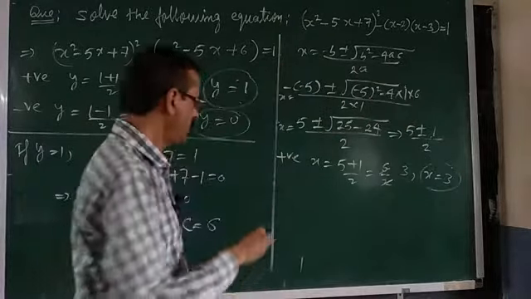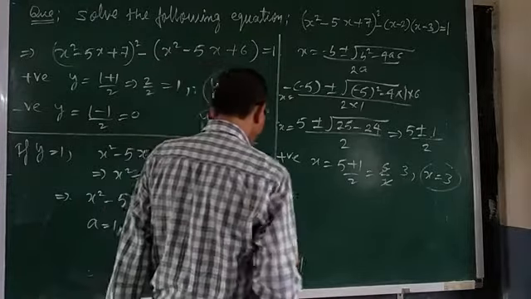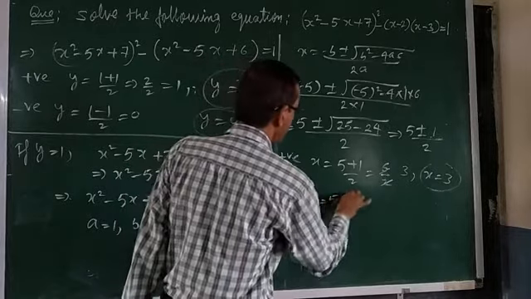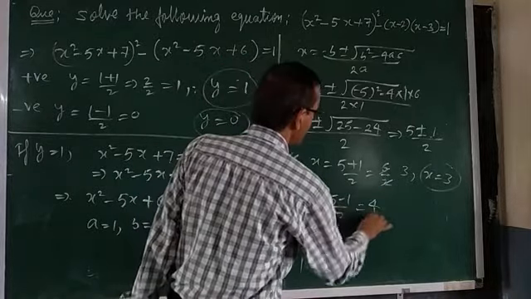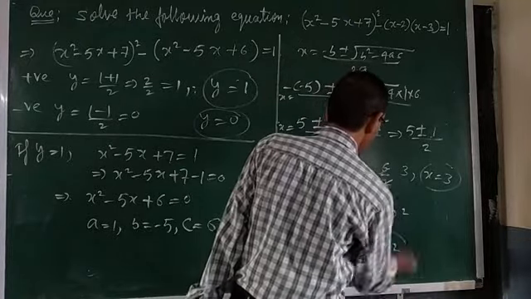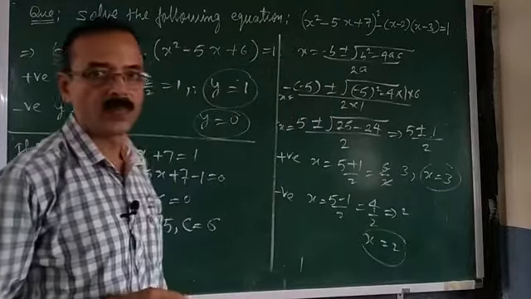Now take the negative. If taken the negative, x is equal to 5 minus 1 upon 2, that is equal to 4 upon 2, that will be equal to 2. So the x value that came is 2, the second answer.